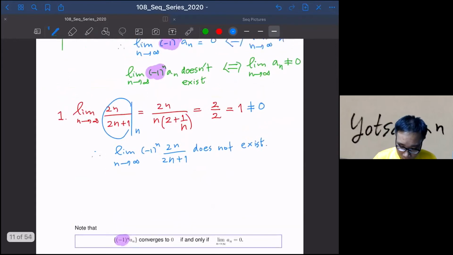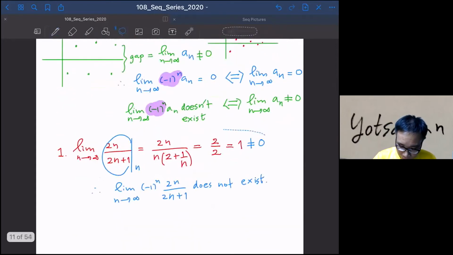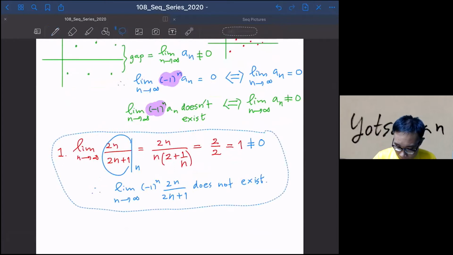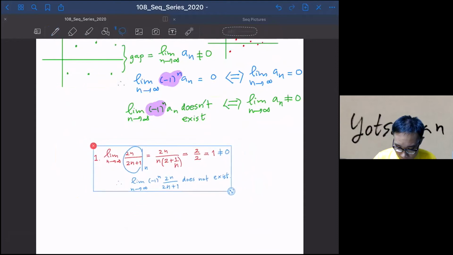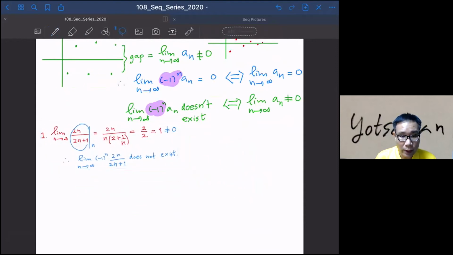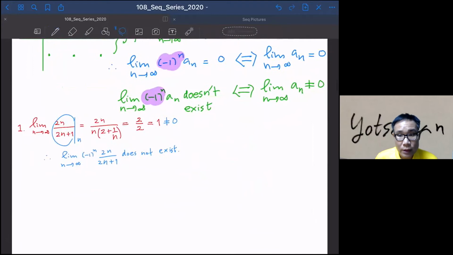The second one, I need some space. For the second one, you need to check the limit as n goes to infinity of 1 over 2n plus 1, and this one becomes 0 automatically.